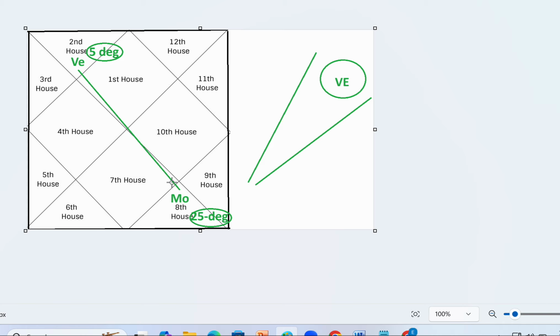There's a mix. There'll be some element of Venus imbibed into the Mars, so he will have a slightly beautiful, slightly artistic kind of nature. The percentage again depends.